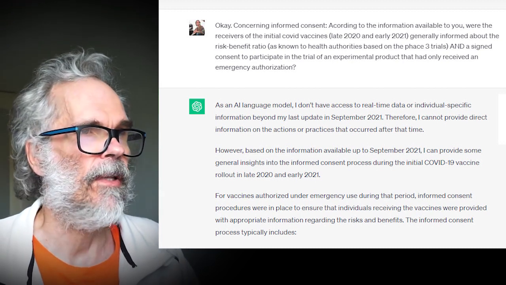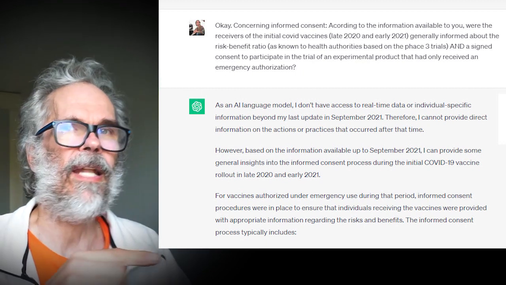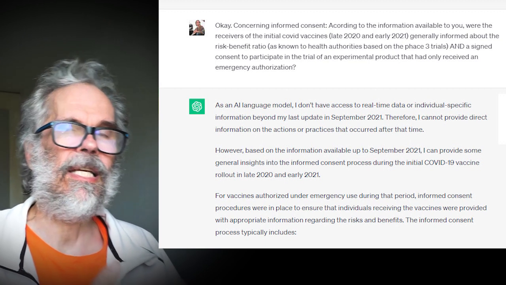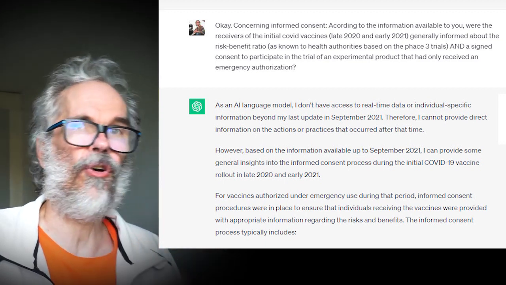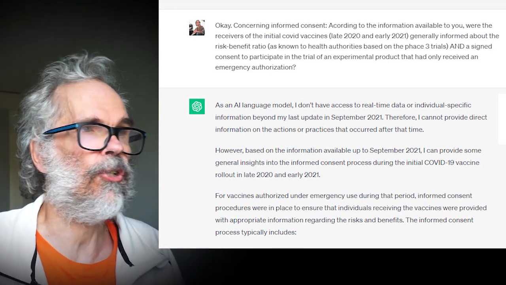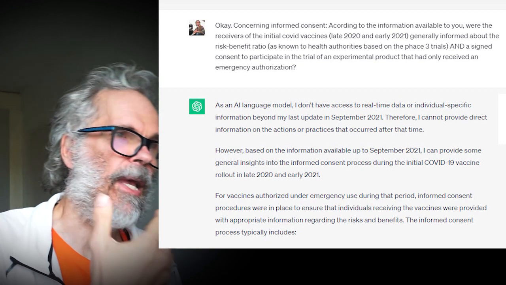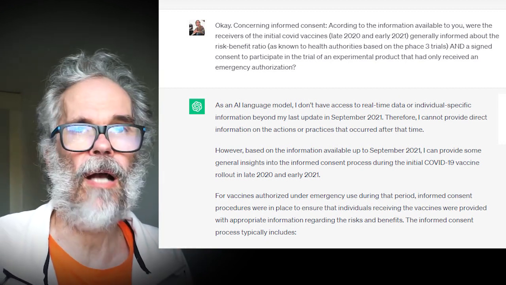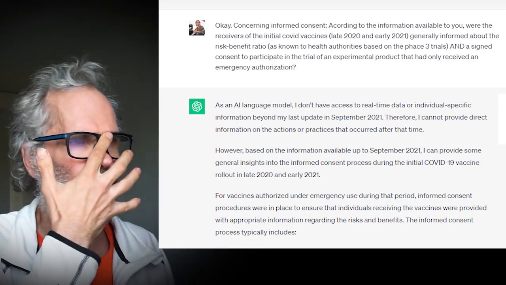Listen to this. The informed consent process typically includes, now it's like a generalization, but obviously the indication is that this sort of procedure should be in place any time a new medical product is introduced and given to people.